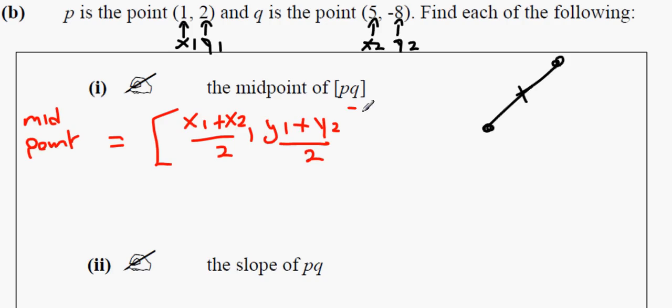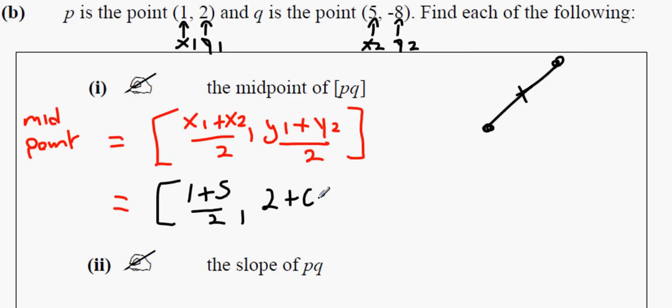So we've got to put in our values, and what we're going to get is 1 plus 5 divided by 2, and y1 plus y2, which is going to be 2 plus bracket minus 8 divided by 2. Now you can put this into your calculator exactly as it looks, but we'll just go one more.